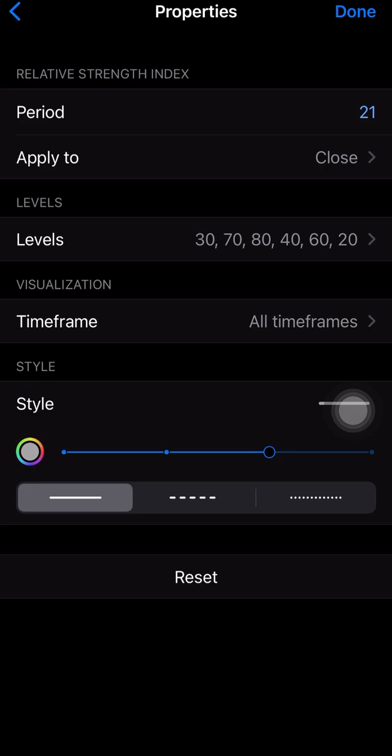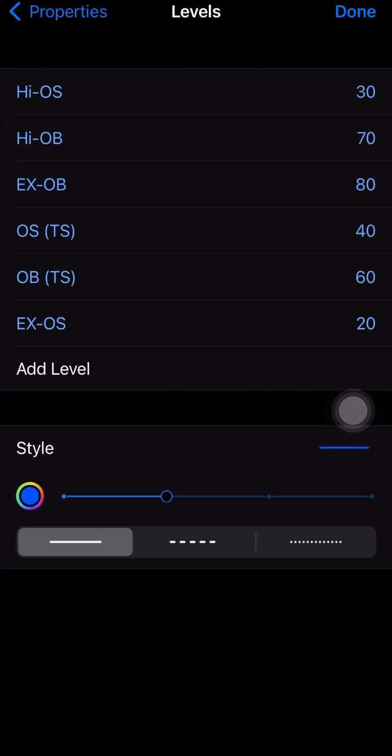So next up we have the relative strength index, the RSI. The period I have is 21, apply to close as always, and then the levels. Highly oversold is the 30. So when the market goes all the way down to the 30, it's oversold and the selling pressure is very immense.